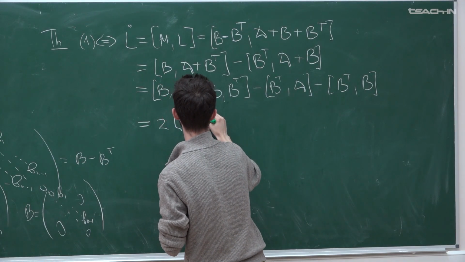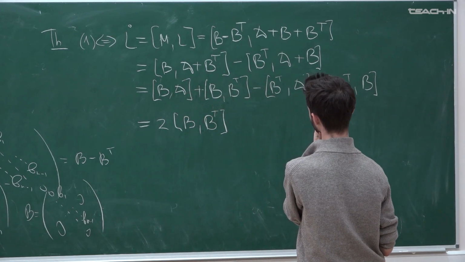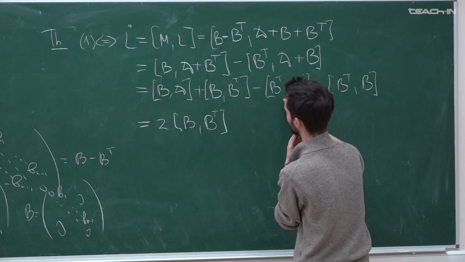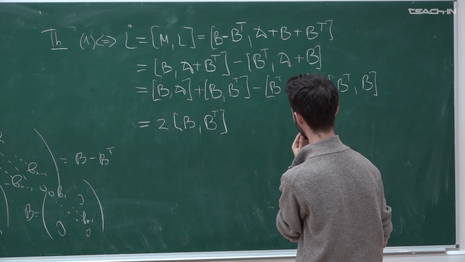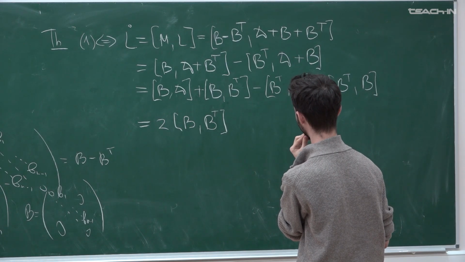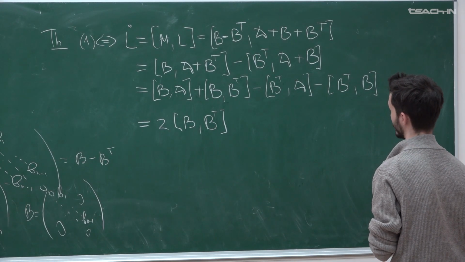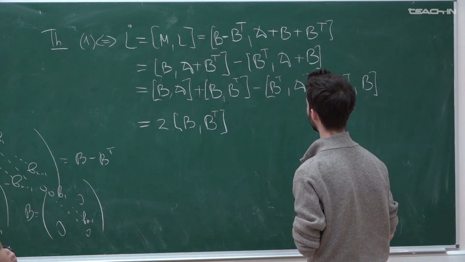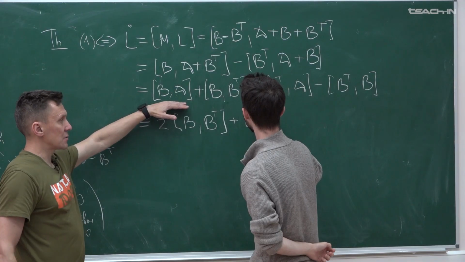And I think we can also notice that D is the same as D transposed. Maybe we can't simplify it further, but it is already quite symmetric. So you see, this is the upper triangular part.